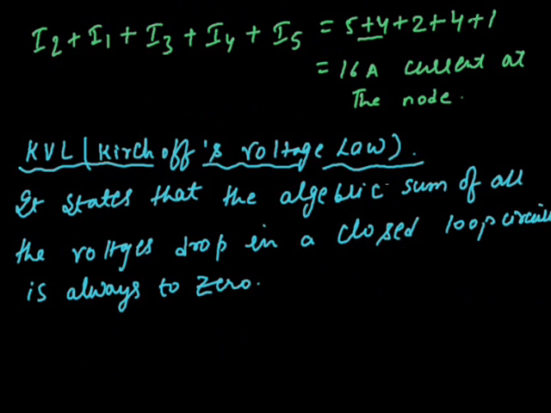This is the summation of all the voltages in a closed loop is equal to 0.